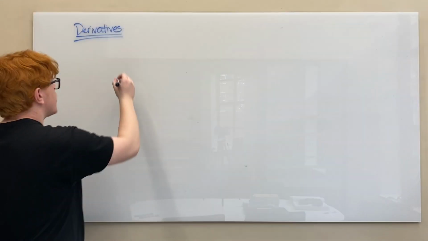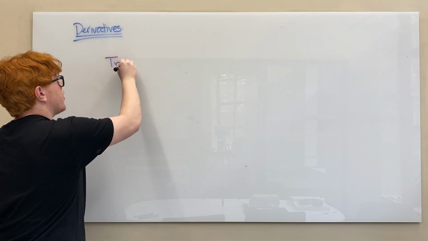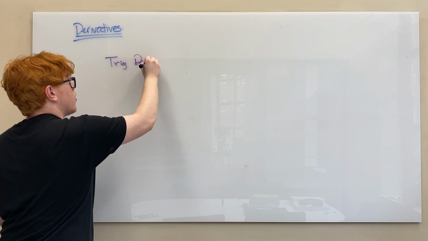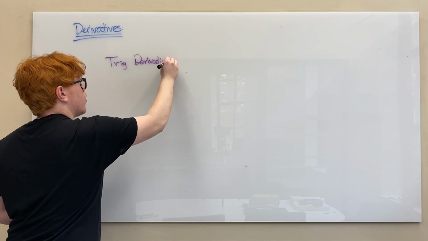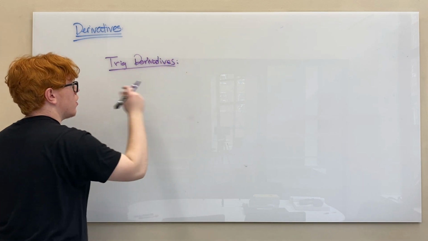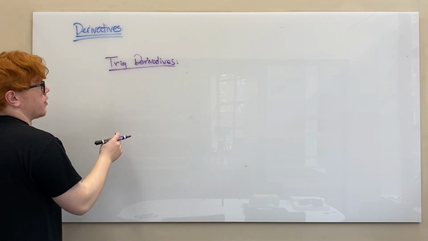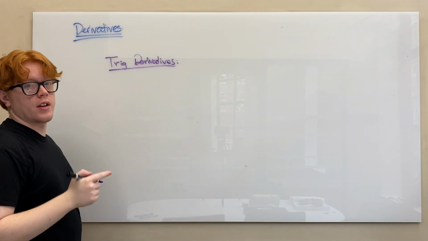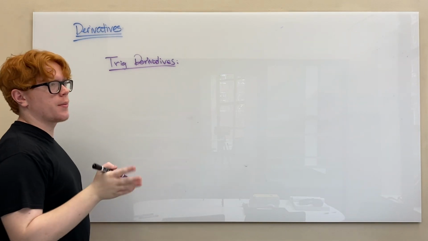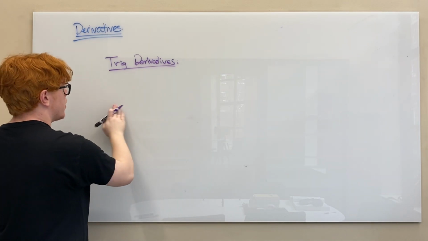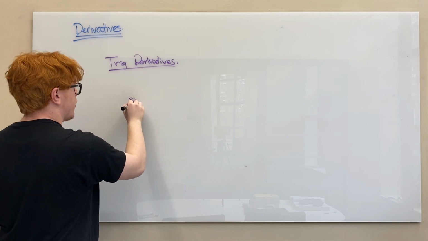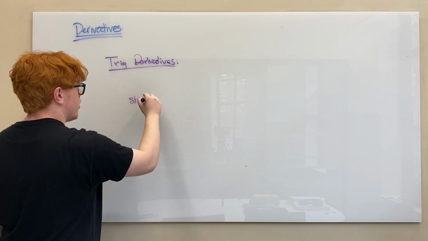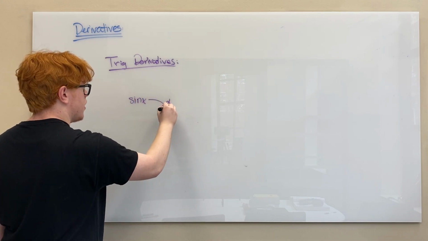All right, trig derivatives. So fortunately, our lovely trig functions are cyclical, and well, some of them are. I'll explain what I mean. So let's start with sine of x, and we're going to go down here. This is d by dx.